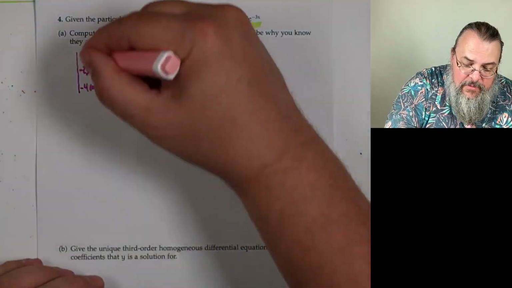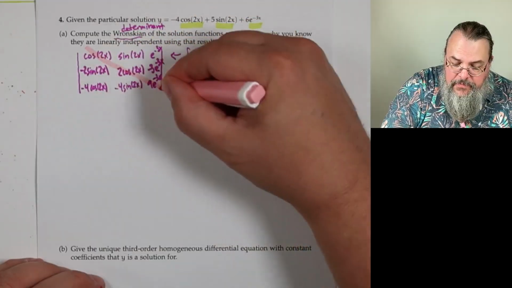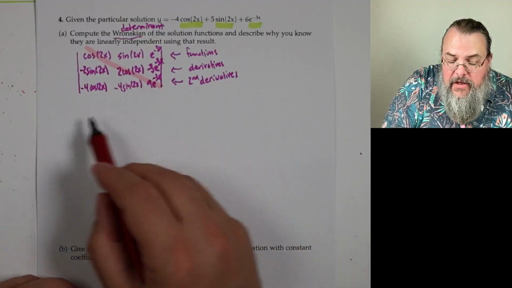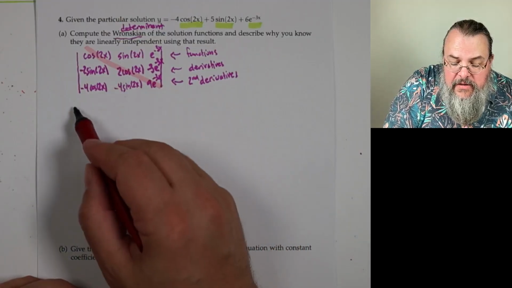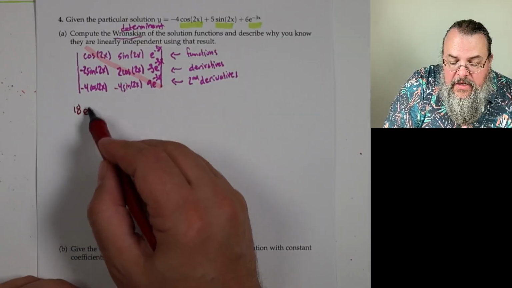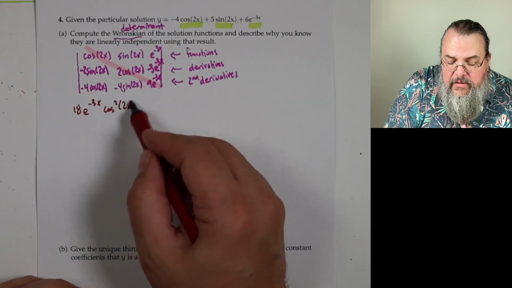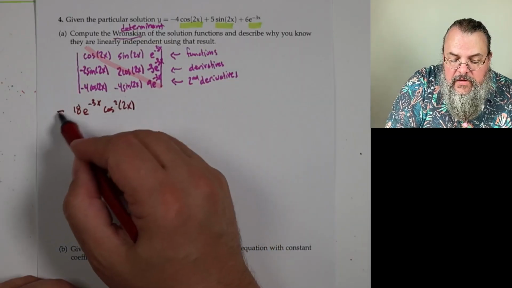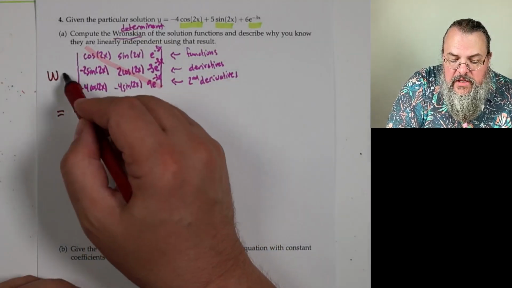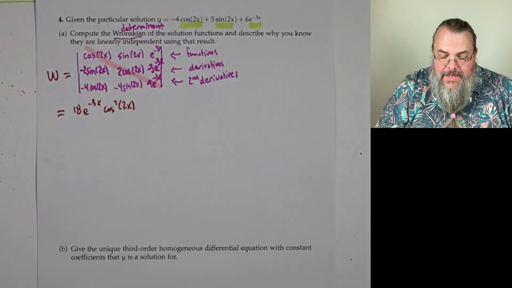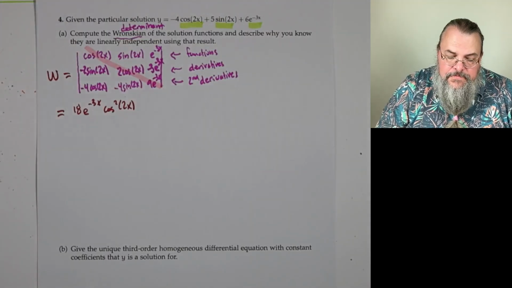So my first diagonal is that one. That would give us 2 times 9, that's 18 e to the minus 3x cosine squared of 2x. Okay, so we're computing our Wronskian, which is this determinant. That's diagonal 1.